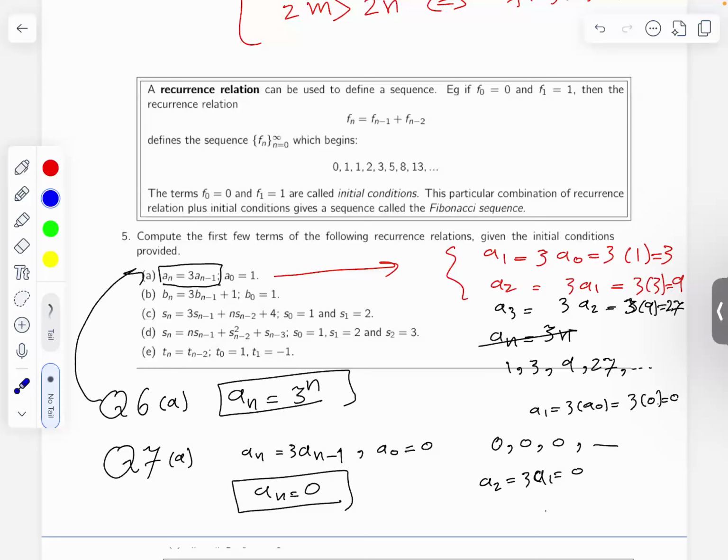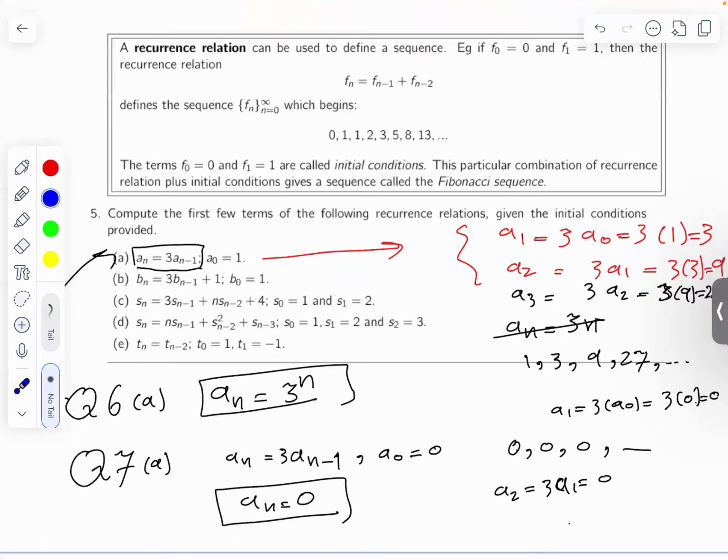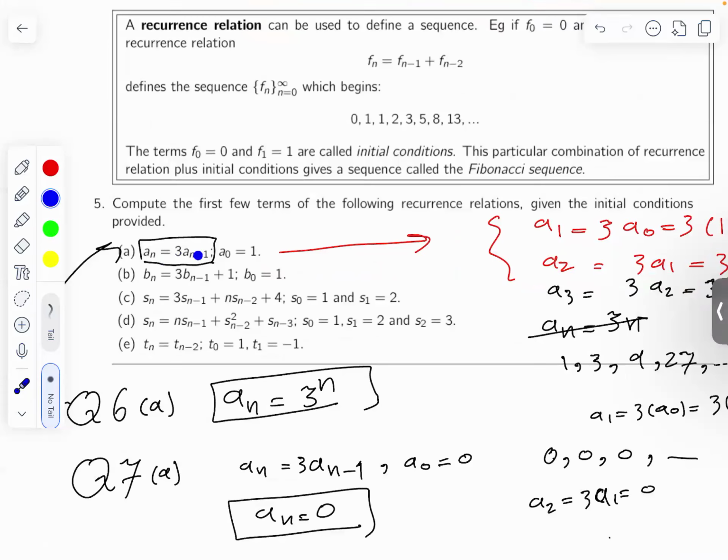We can write a couple of the terms for Bn as well, Sn as well. Let's see this one. An only depends on one previous term. So we want to define the order of the recurrence, okay?